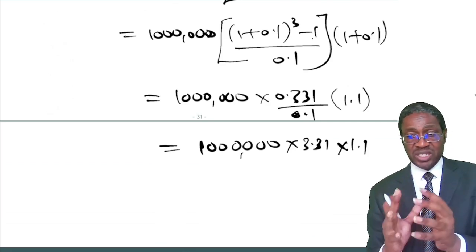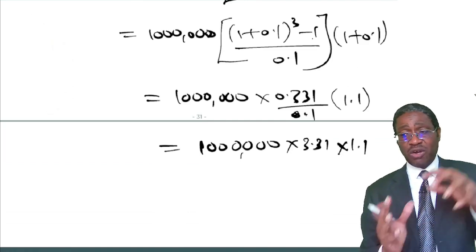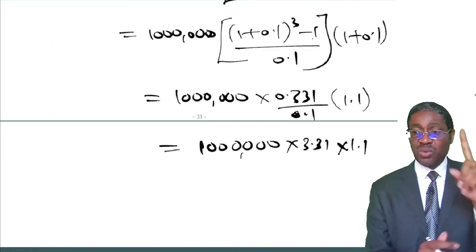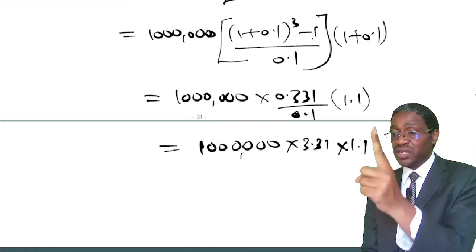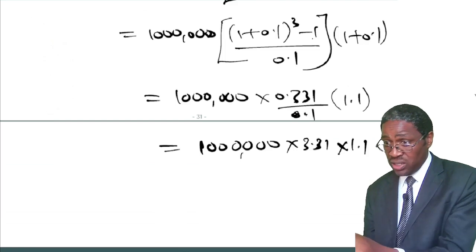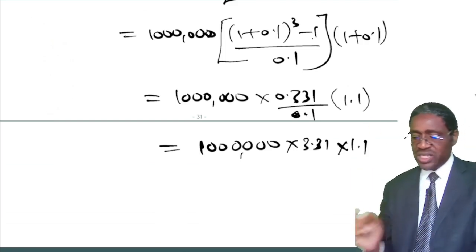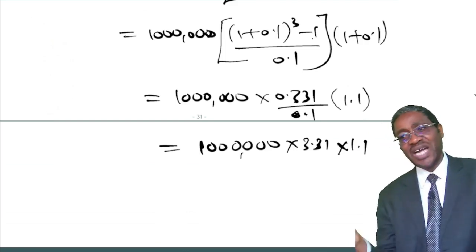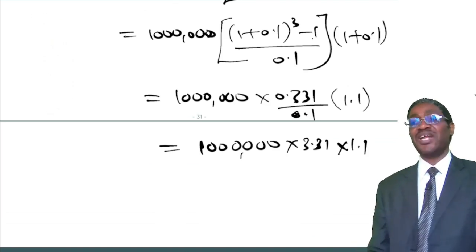That 1 million times 3.31 was for ordinary annuity. But don't forget, in ordinary annuity we were losing 1 year of interest because you invested the first time at the end of year 1. But this time, I am earning that interest. So it's like I'm adding another interest for 1 year. That's why we are multiplying by 1.1.